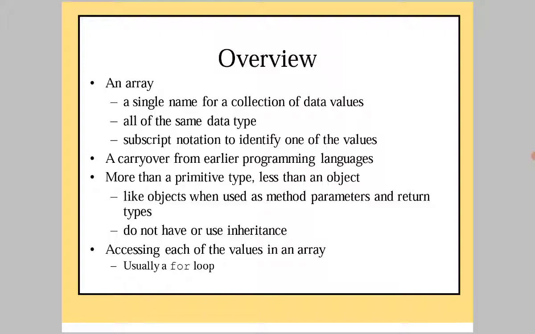To access the data from an array, we may use subscript notation, also called index notation. The concept of array is almost the same for C and C++, and it is more than a primitive type and less than an object.